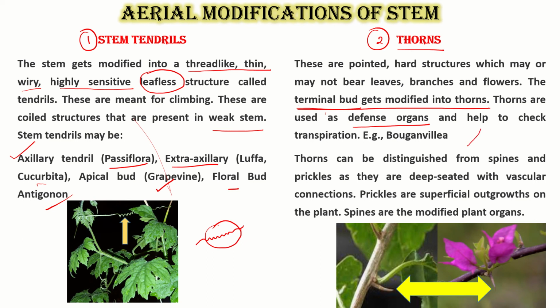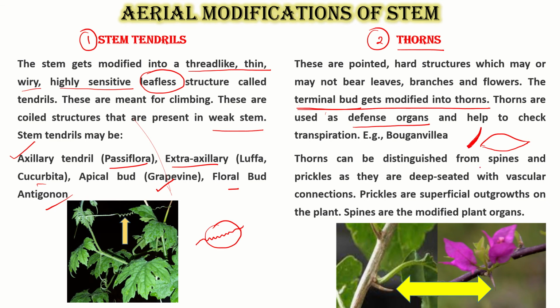See, if you note the structure of a thorn, it is somewhat like this. The surface area is less, therefore rate of transpiration will also be less. The leaf has a larger surface area, so rate of transpiration will be more over here. But look at this, the surface area is pretty less, so rate of transpiration will also be less over here.